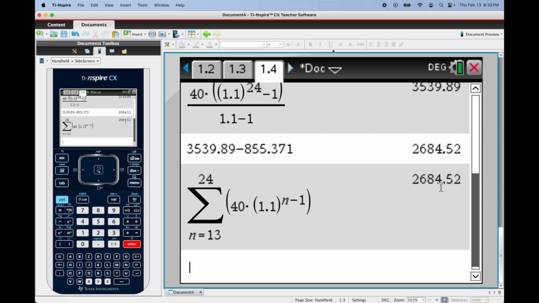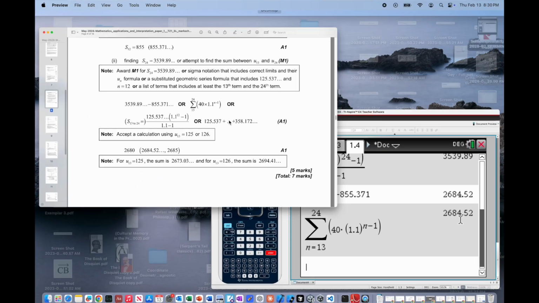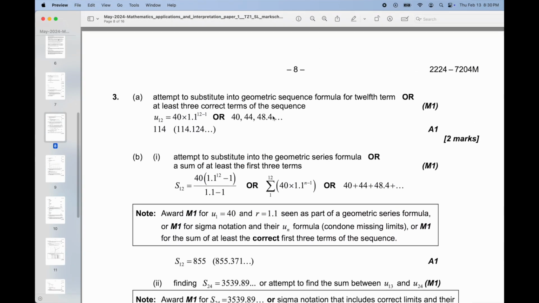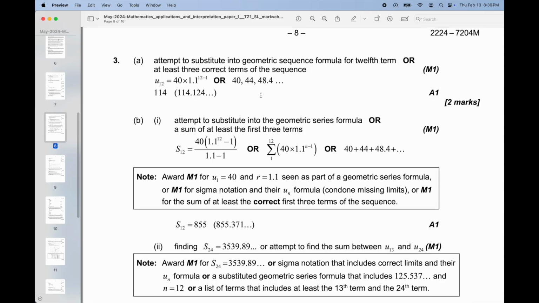Last thing I want to draw your attention to, here's the mark scheme. And where are we? This is it right here. For some of these questions, I always think it's helpful to put yourself in the best position possible, maximize process marks. Here it is, for example, 3a, attempts to substitute into geometric sequence formula for the 12th term. So attempt to substitute.